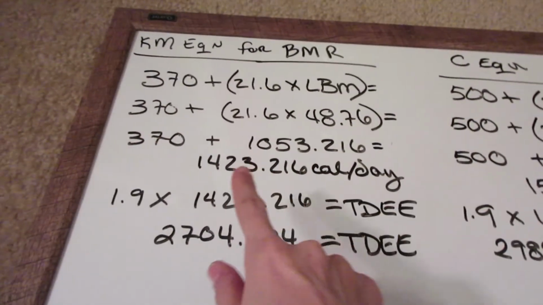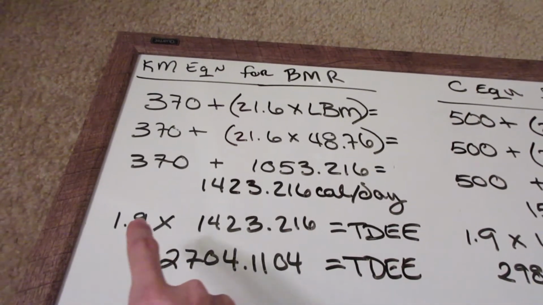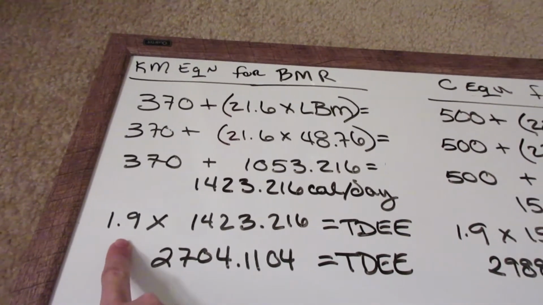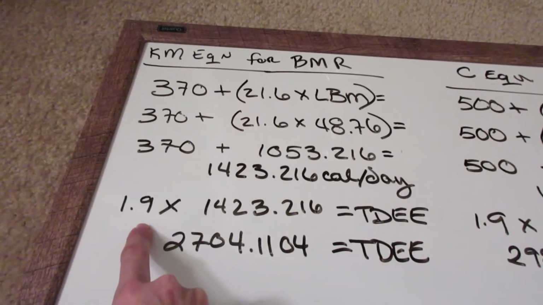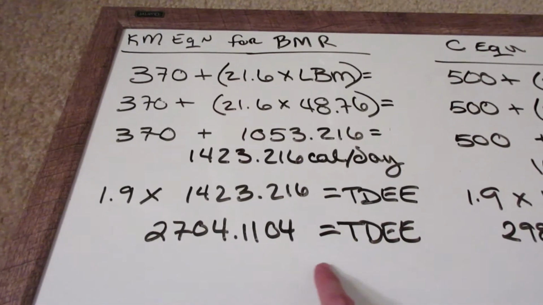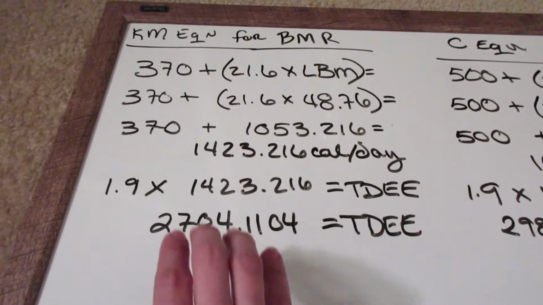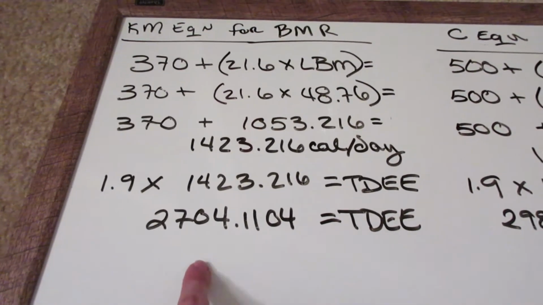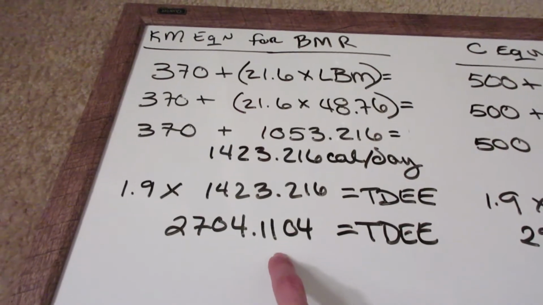As far as the Katch-McArdle, I came out to 1,423 for my BMR. I was working out all the freaking time doing 2-a-days. So taking my BMR times the 2-a-days multiplier, this is what my TDEE should have been. Now, I say should have been because we're going to get into that in another video, but this is what my calories should have been to sustain what I was doing.